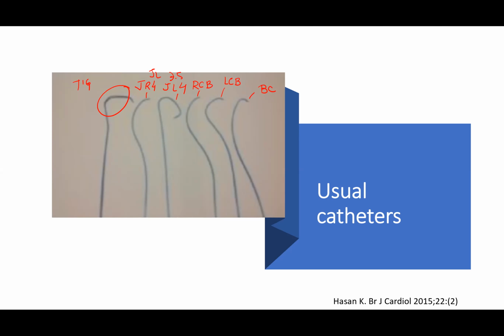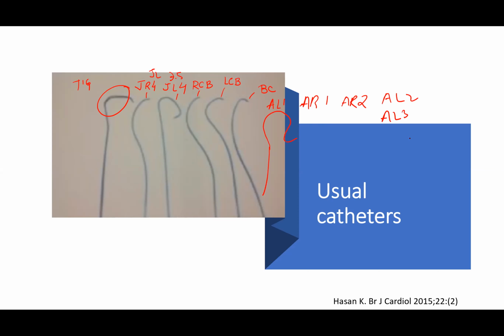There are other catheters, and I myself use a lot of the Amplatz group of catheters. Amplatz look something like this. Depending on how far the coronary or the graft ostium is, you can switch the sizes. So AL1, AR1, AR2, AL2, AL3.